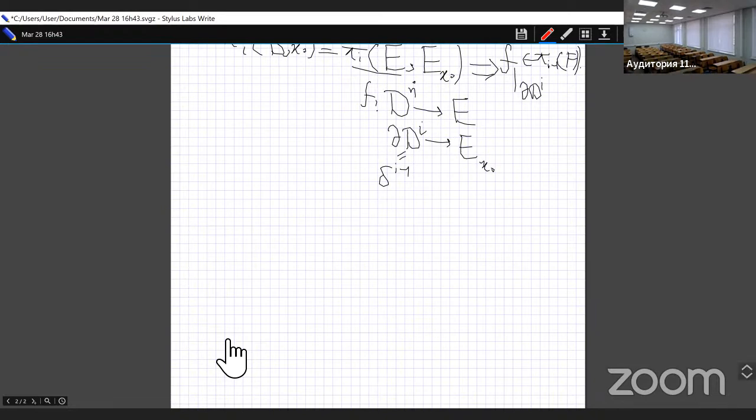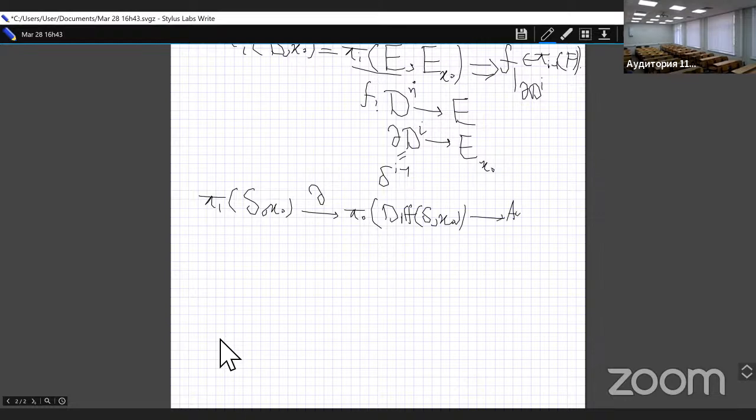Let me consider this map, pi1, then go by the boundary map to pi, and then we go to the group, and it sends gamma to some f as we define.